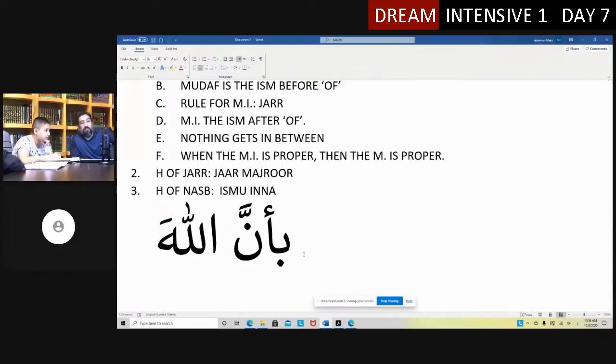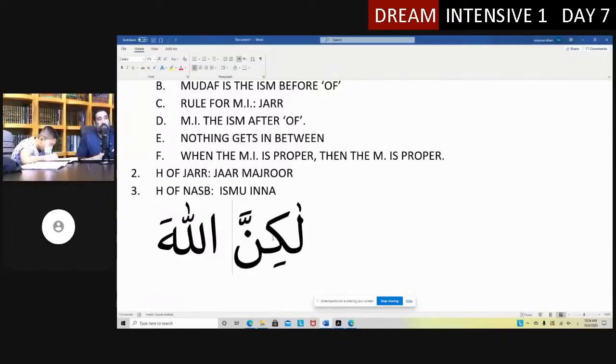And the word Allah became nasab. So the word Allah would be ismu بأن. If this was lakinna, I'll replace it: the word Allah would be ismu lakinna. That's how you call it.